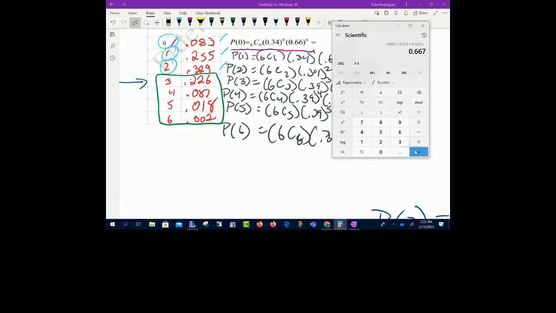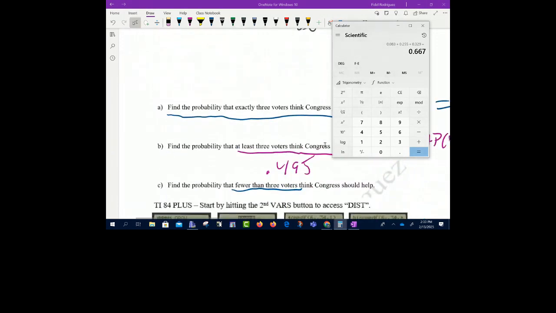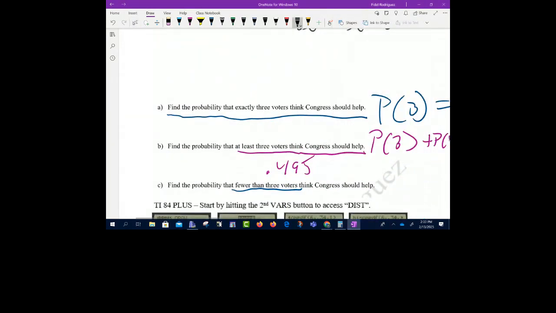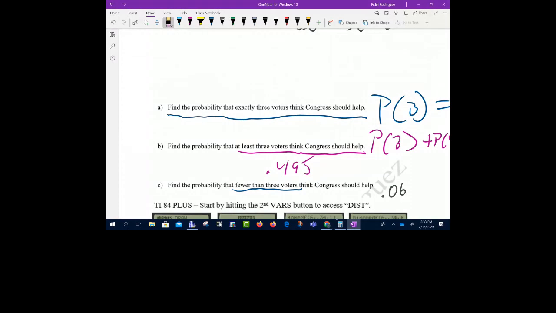Okay, we add those together, coming up with 0.667. Did anybody else get the same thing? 0.667. Okay, boom, there we go.